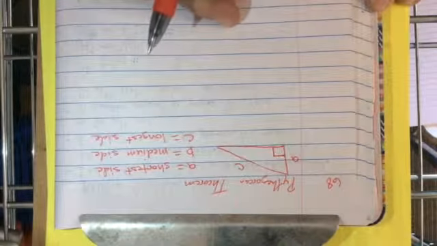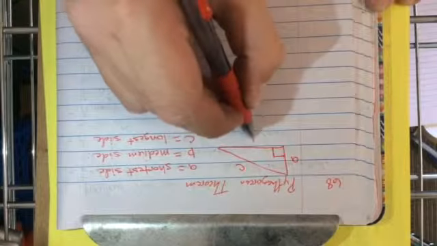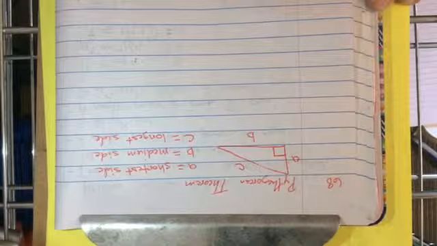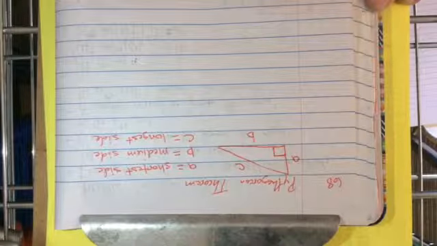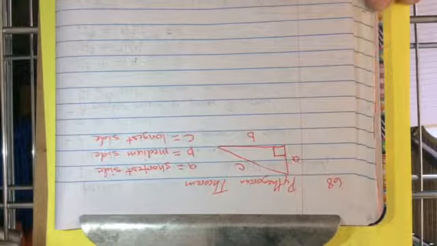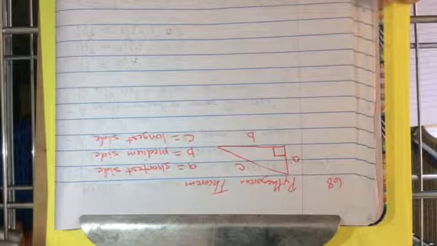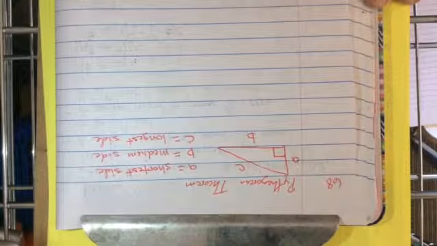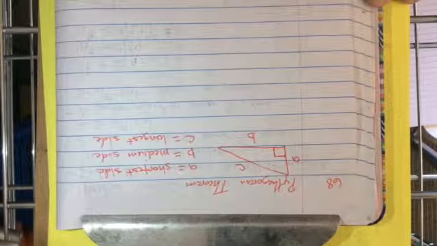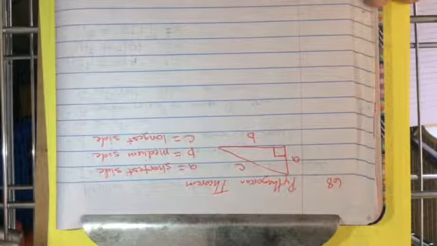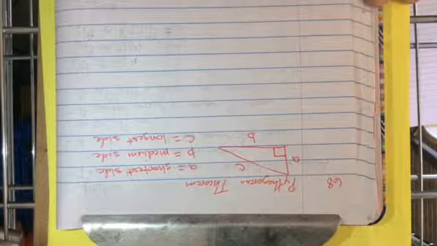So the shortest side is to the left, and the medium side, B, is here. If the shortest side's on the bottom, it's A. For simplicity's sake, A and B are interchangeable, but for your help, just label the shortest side A, the medium side B, and the longest side C.